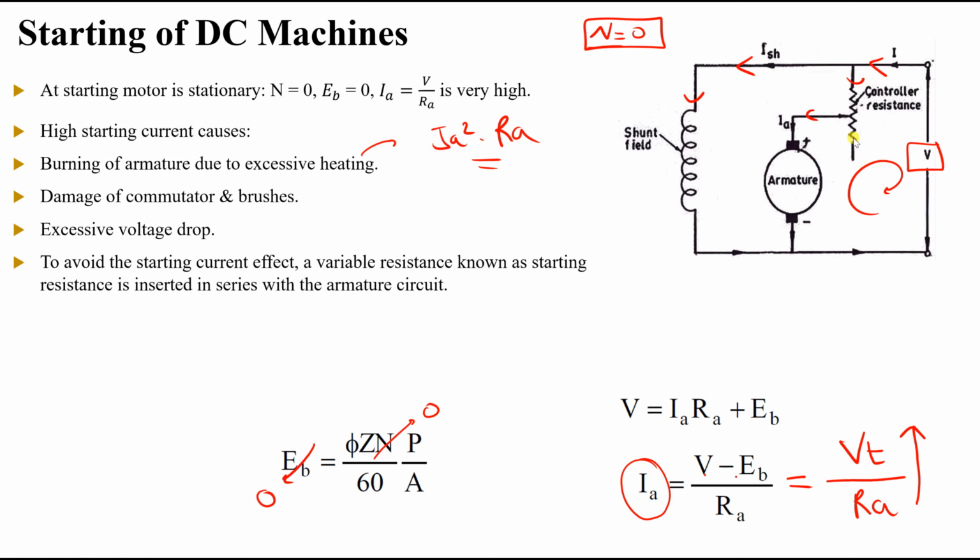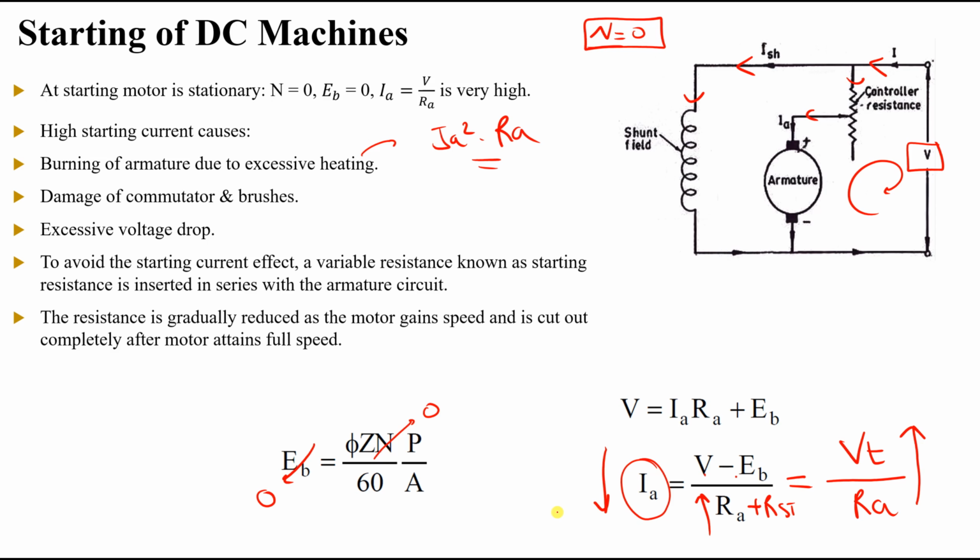When we add an additional starting resistance, the total resistance increases, leading to the current going down. As you will see, this resistance is not constant. It is reduced as the motor gains speed, and it is cut out completely after the motor gains its full speed.